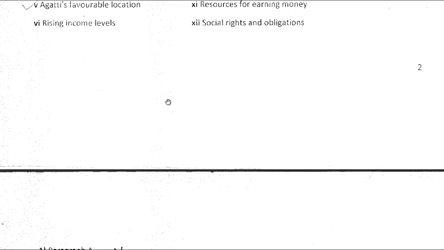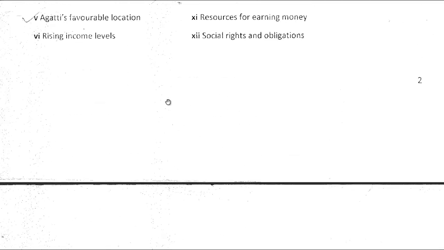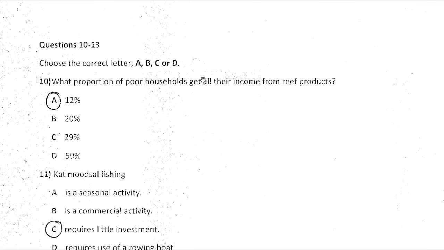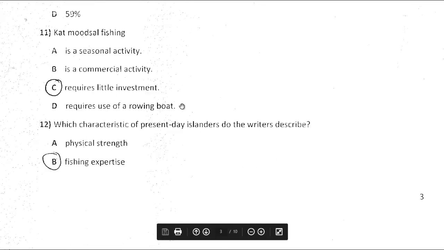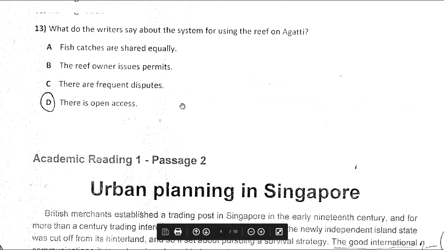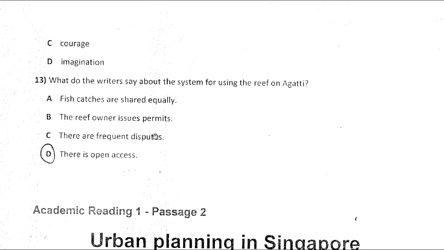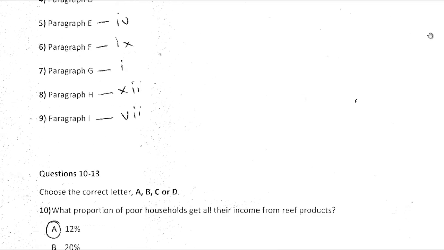Now, having read that first paragraph, paragraph A, you fill in your list of headings, and you go down again. Don't stop there. You check what proportion of poor households gets other income. If that particular paragraph does not contain information, you leave it, because remember, this multiple choice follows in that order. So you leave it and you move to the next one, and you come back again.